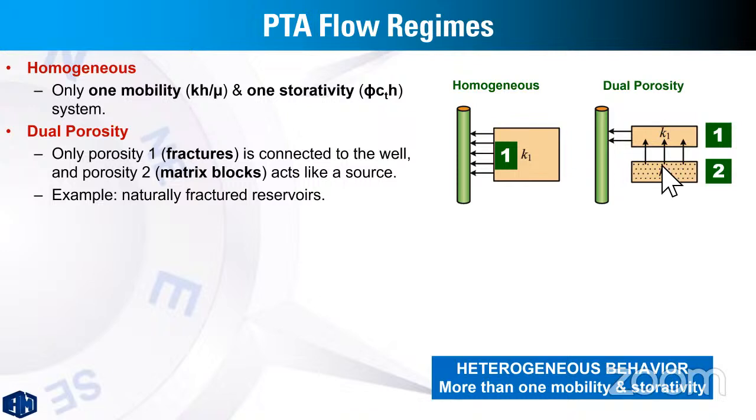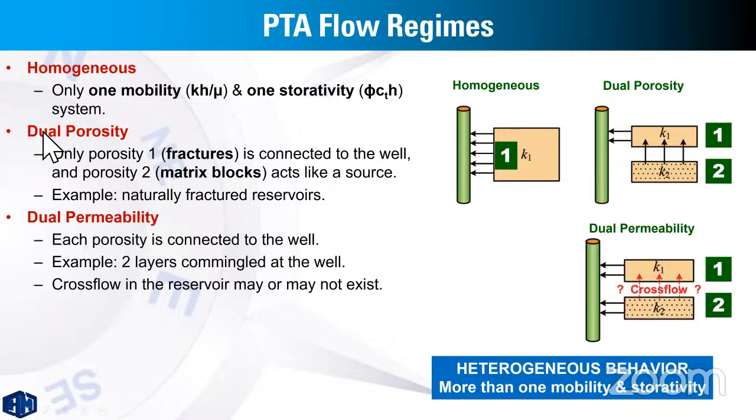So the flow will be coming from the matrix blocks to the fracture network, and then from the fracture network to the bottom of the wells. This is typically the dual porosity system.